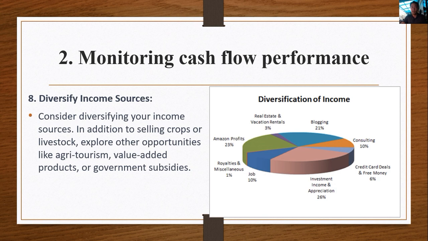Also, value added products, where you process your own commodity into something that can provide a higher value, or government subsidies. So these are some other good sources of income that can give revenue to your operation.